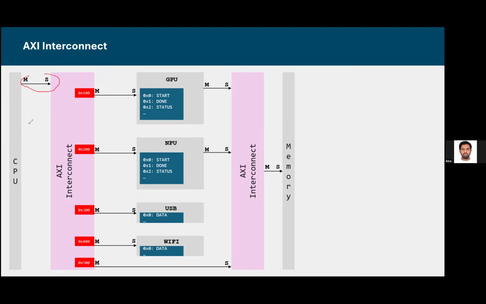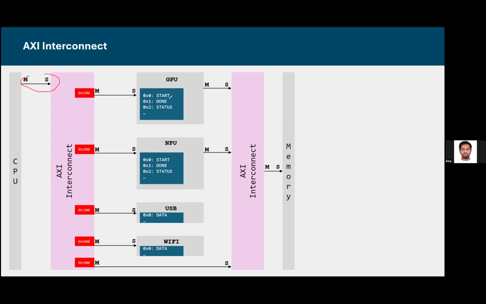So the CPU thinks that there is only one subordinate out there, and it gives all its requests to that one subordinate. The AXI interconnect will distribute these to all the different subordinates, collect their responses, put them together and give them to the CPU. So the interconnect does this orchestration.